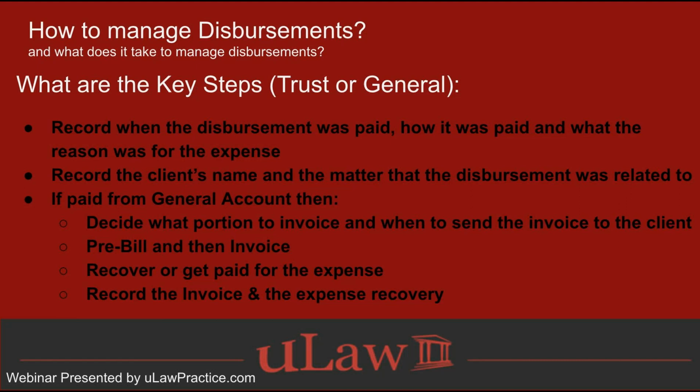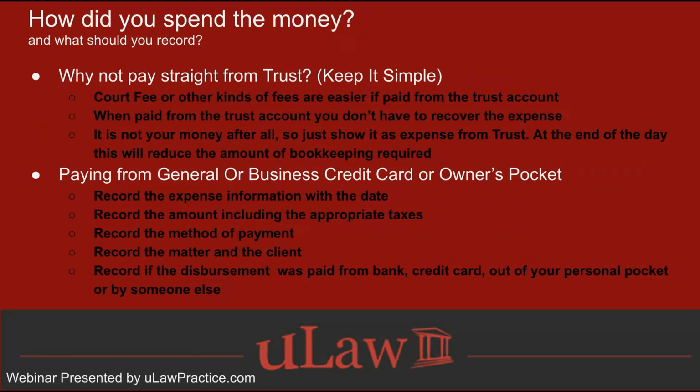It's probably just 1 or 2 steps more when it comes to general account disbursements, because you're claiming as if you've spent it from your general account, and you're going to move the money from trust to general or make the client pay into the general.